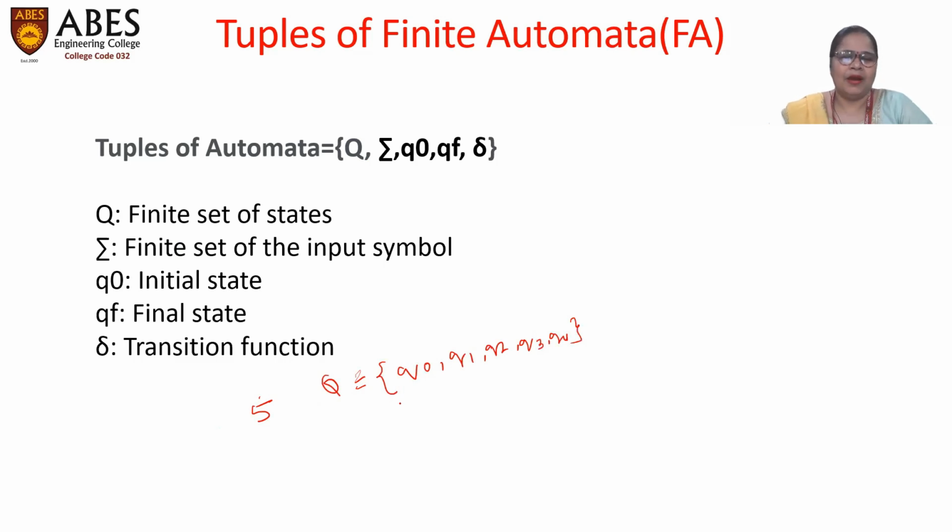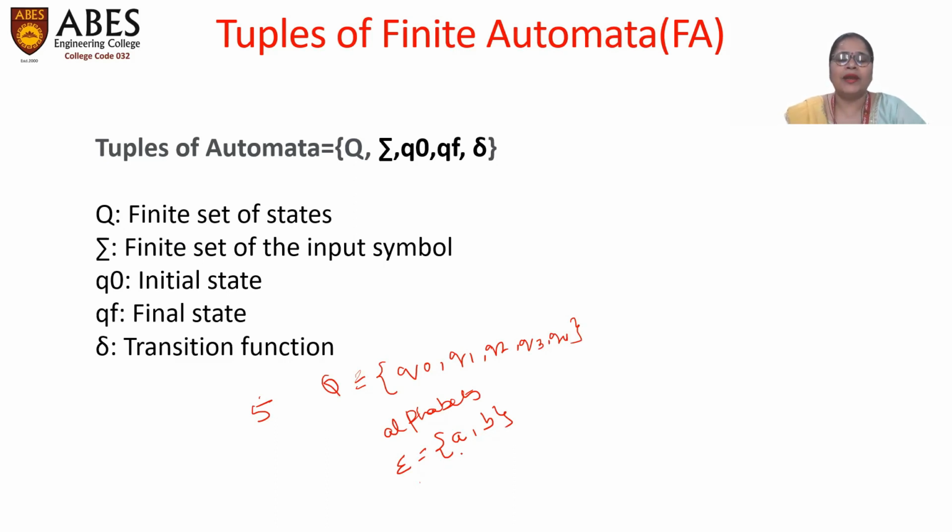So, what is sigma? Sigma is nothing but the finite set of input symbols. Input symbols are called alphabets or symbols. Suppose a machine wants to read, this is denoted by sigma. In this example, suppose sigma is {a, b}, meaning the machine will generate strings of combinations of a and b, either a or b or both.